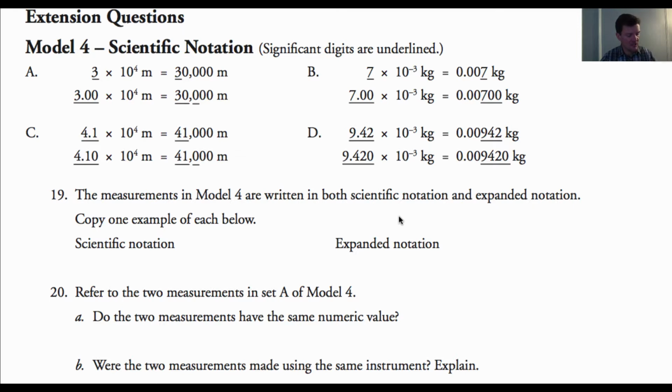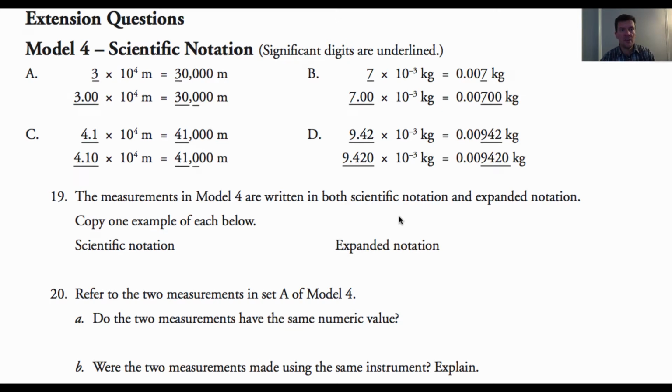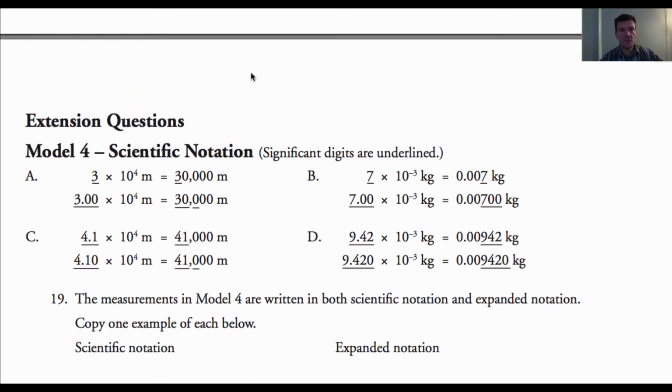Our extension question here deals with scientific notation. And the power in writing your number in scientific notation is that when you do so, the number of digits that you're showing in your scientific notation are all going to be significant. If you don't know about scientific notation, I'll do a quick review here.